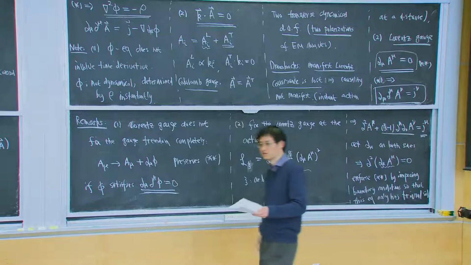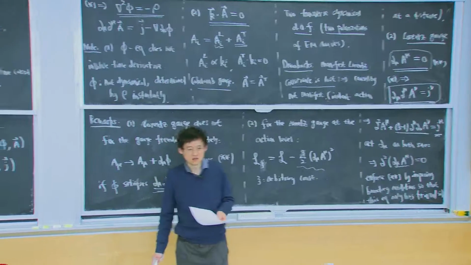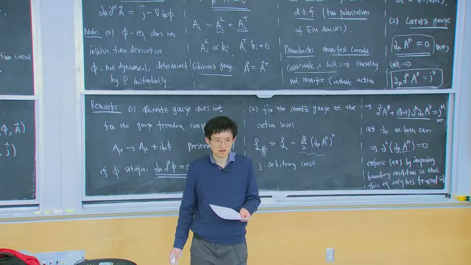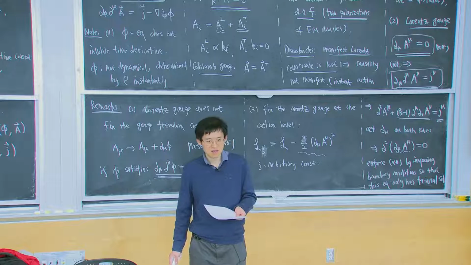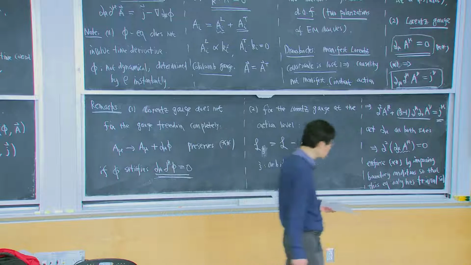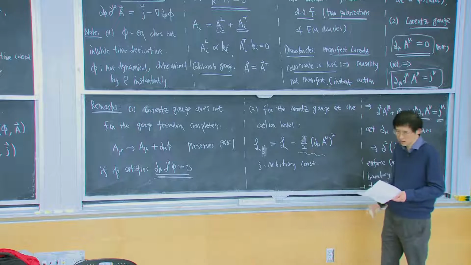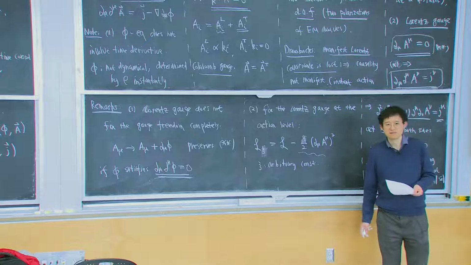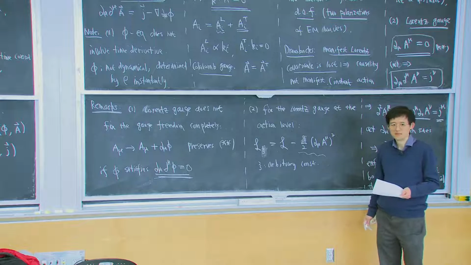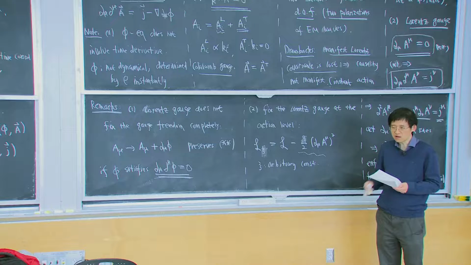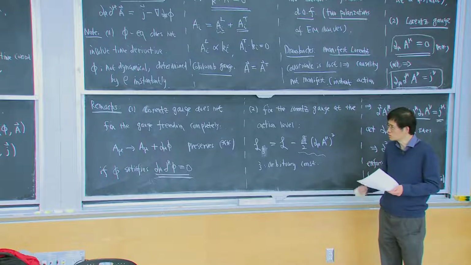Other questions? Yes. Yeah, later when we do the path integral, you will see it's easier. Classically, there's no difference, but quantum mechanically, we always want to do it at the action level.